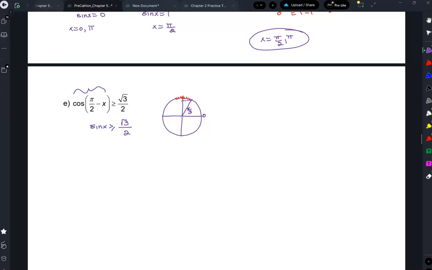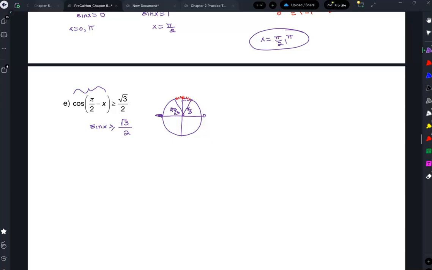Yes, they are. Until what point? 2 pi over 3. And after 2 pi over 3, what happens to the y values? Less than root 3 over 2. What's the y value here?